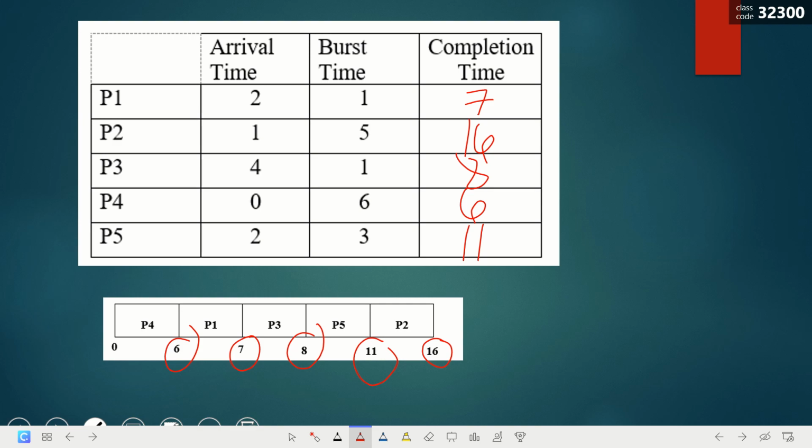So, since we have the completion time, we can now compute the turnaround time.